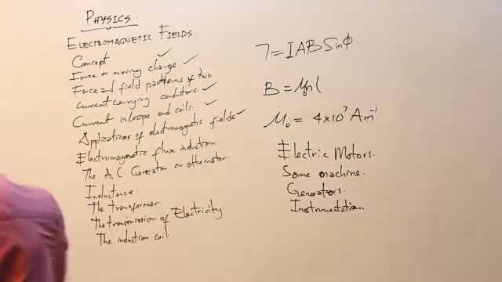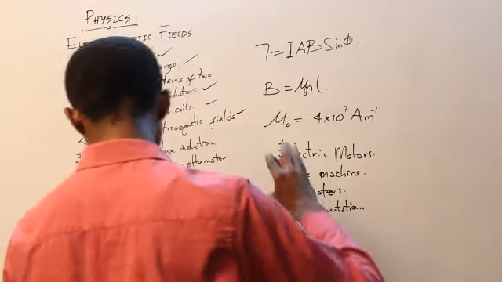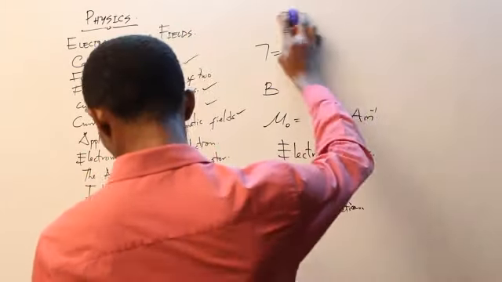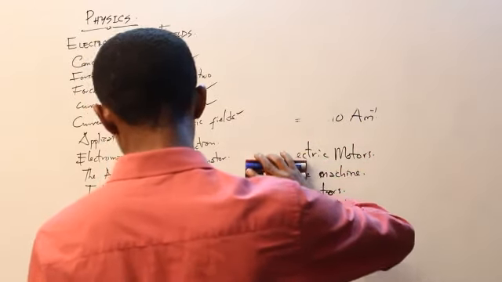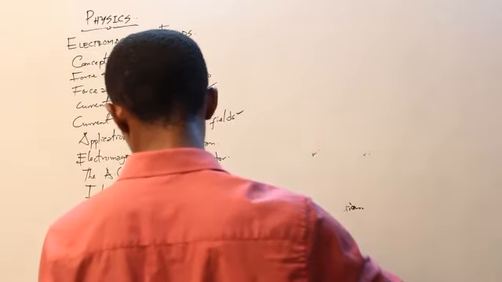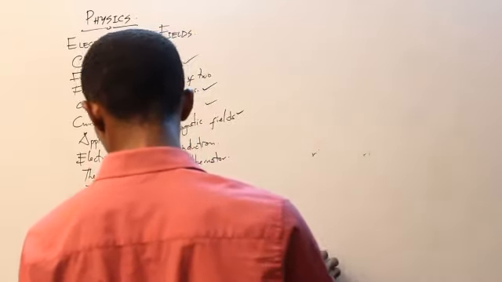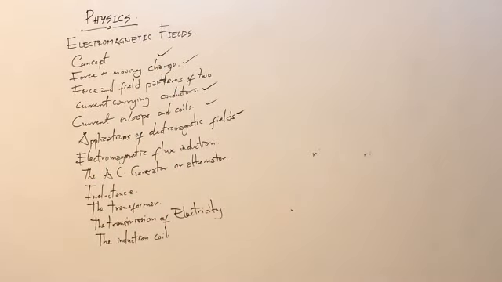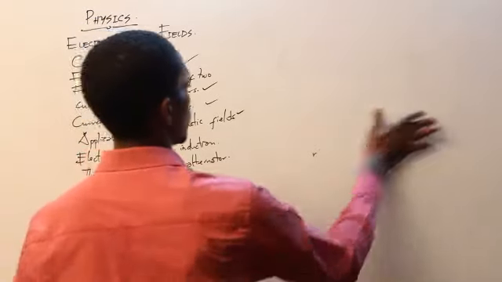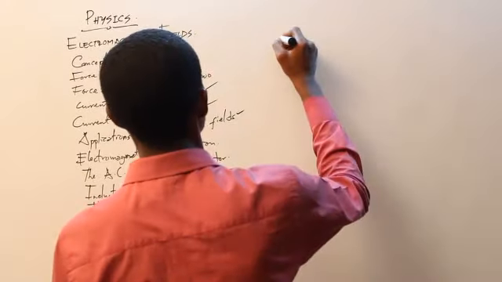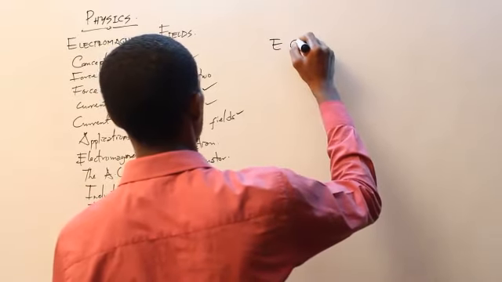Faraday's law of electromagnetic induction states that whenever there is a change in magnetic flux linked with a circuit, an electromotive force, which is EMF, E, is induced, the strength of which is directly proportional to the rate of change of flux.